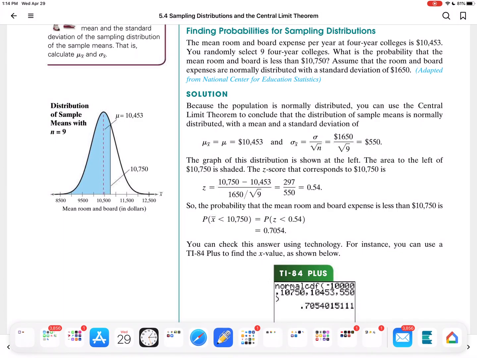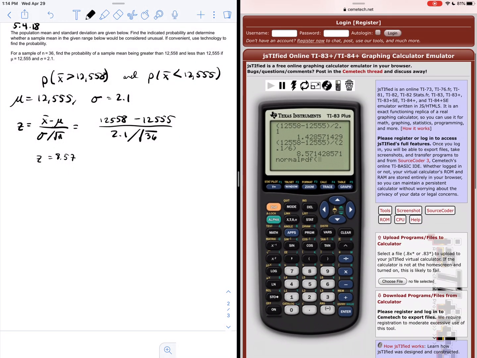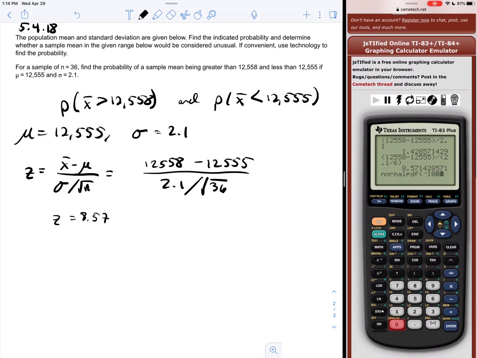Okay, so if we apply that to ours, let's go back here and open this up. If we want to use this, we need to go negative 10, 1, 2, 3. Then the X bar for us was 12,558, and the answer should be 1. Our mu was 12,555. And then our denominator, I'm going to put in a formula, was the 2.1 divided by 6.